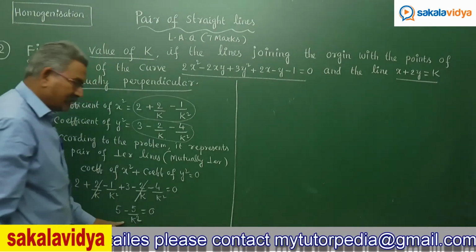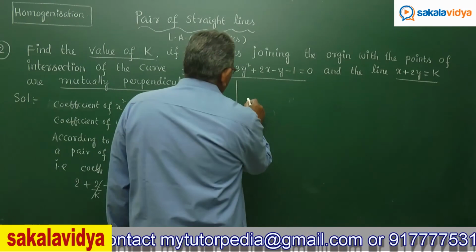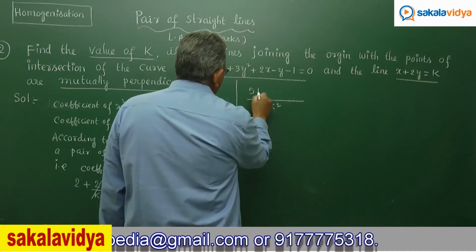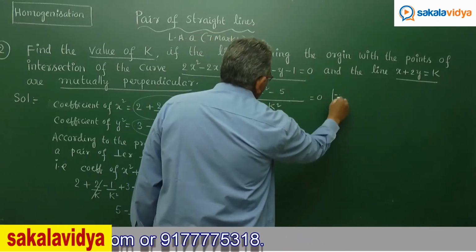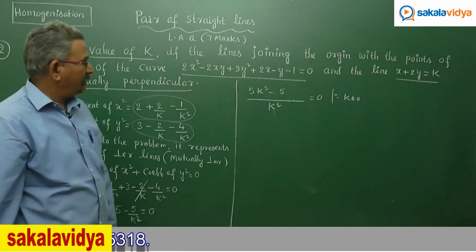So that means we have to simplify this one. Here k square is the LCM, 5k square minus 5 equals 0, where k does not equal 0, providing this condition.